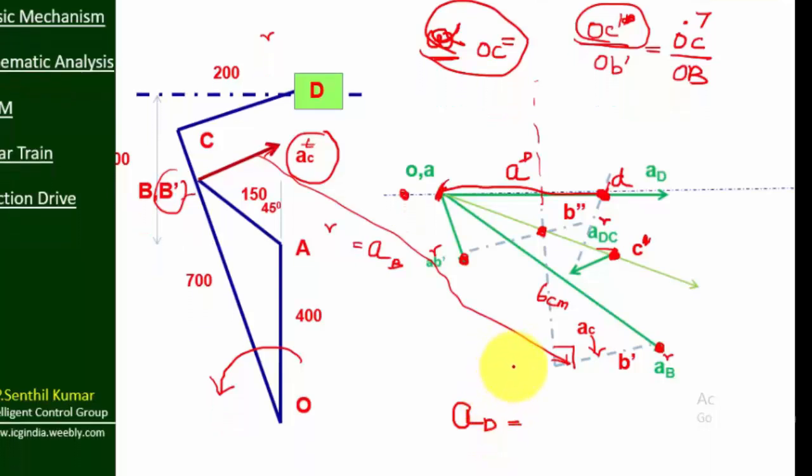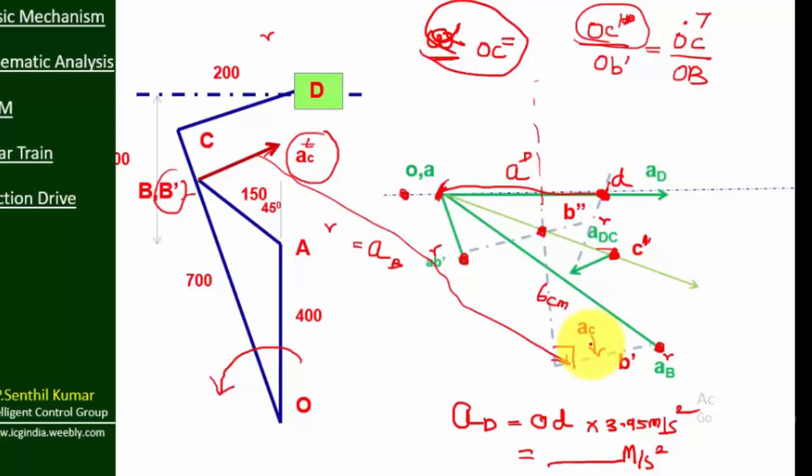That AD value is nothing but the measured OD multiplied by the scale factor of 3.95 meter per second square. So this is how we can draw the velocity diagram and acceleration diagram for the quick return mechanism using the Coriolis component of acceleration.